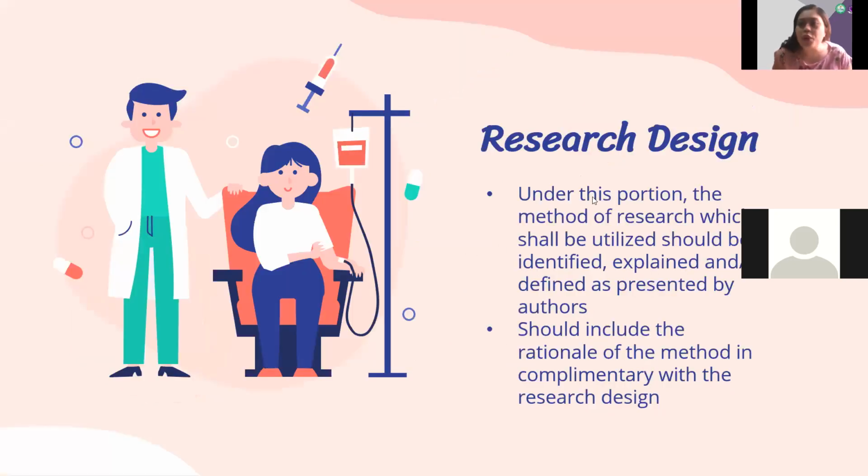So let's start with the research design because we have a lot of research designs and it's very important that you know kung unsa nga research design ang applicable sa inyong study.